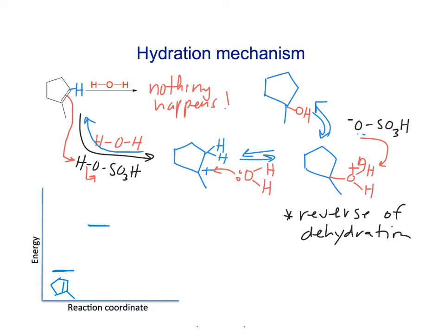We're going to generate then this protonated species here, which is going to be still above the starting material, and then our final product will be the lowest. So we're going to have a rate determining step, which is protonation of the alkene. We then add the water molecule, and finally we do the acid-base step.